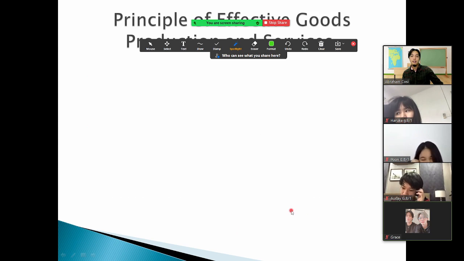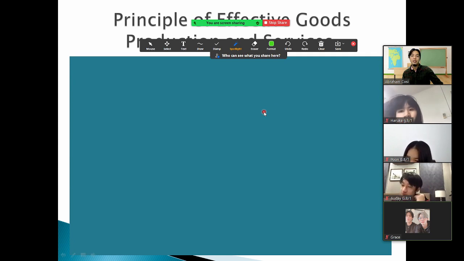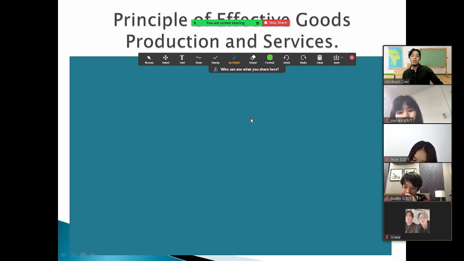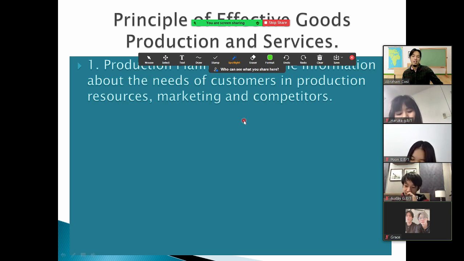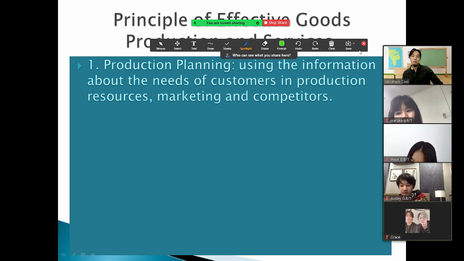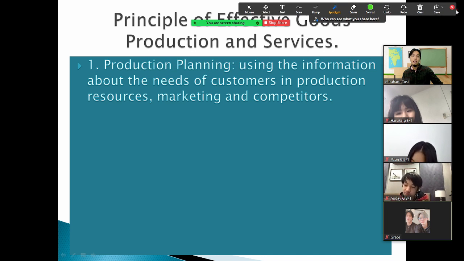We also have here the principles of effective goods production and services. These are the things we need to know when it comes to effective goods and services production. First one involves planning, production planning.